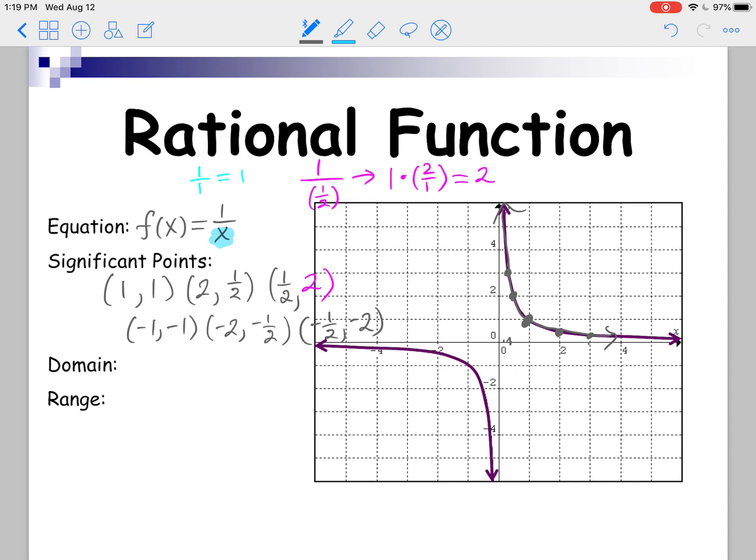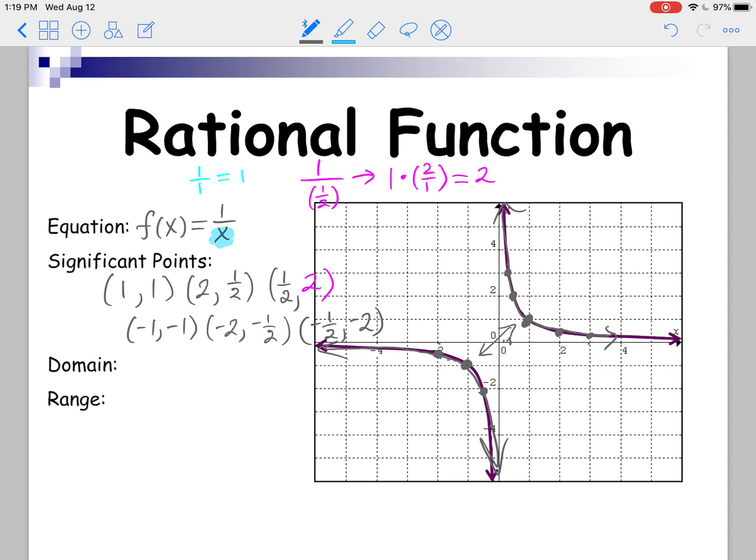And when we plug in -1, we get this point -1, -1. Plugging in -2 gives us that -1/2. -1/2 gives us -2. And so that's why we have two branches of this function. It looks like two functions on the same graph, but it's actually one function split into two different branches.